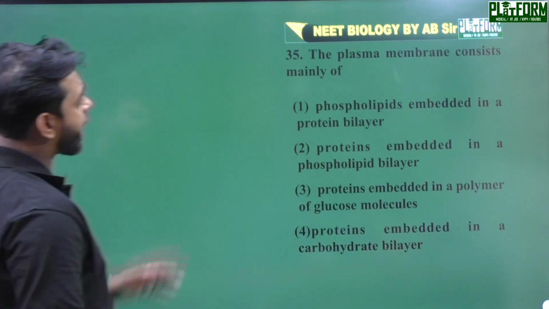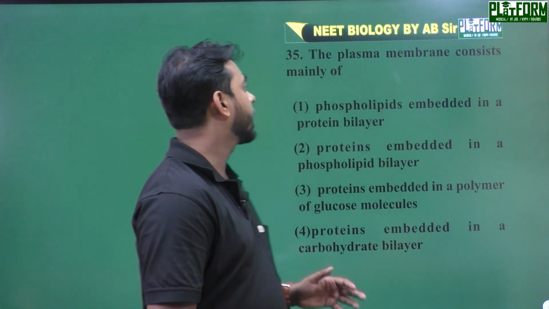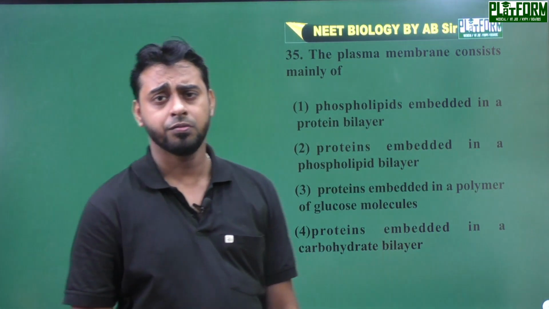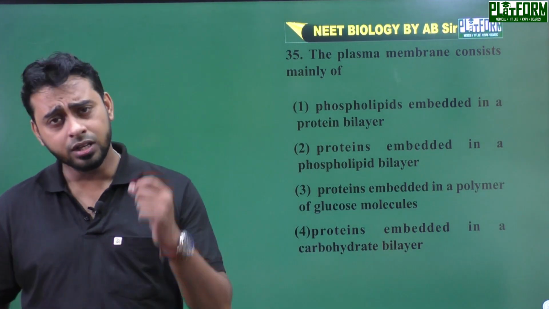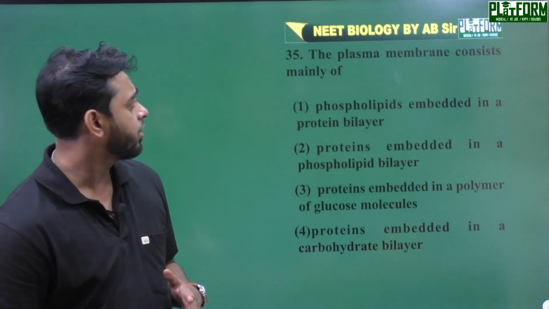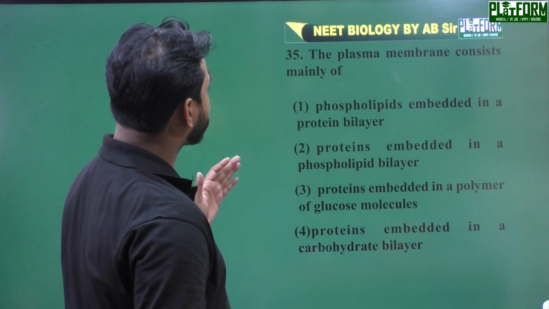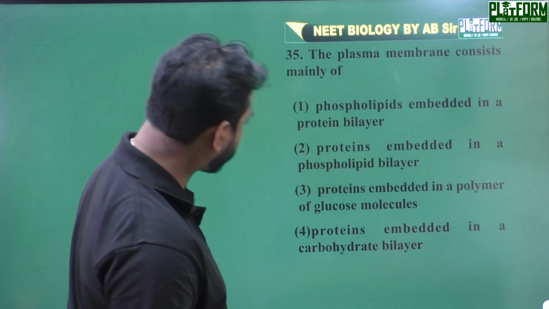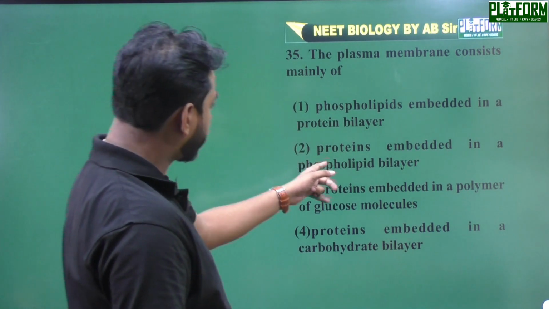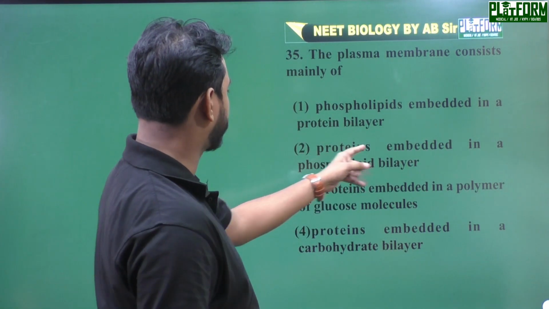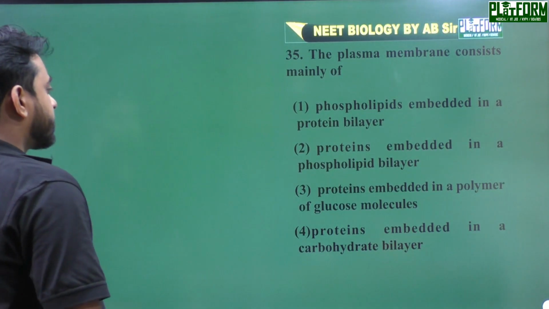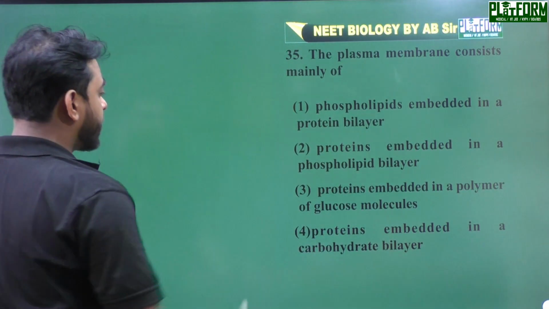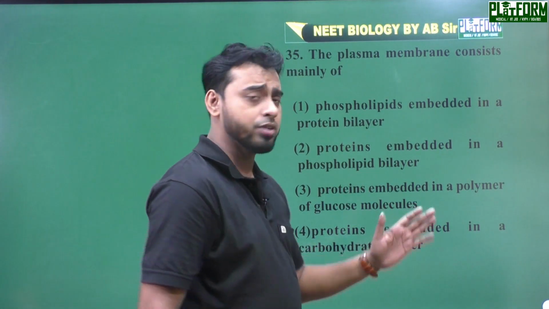Okay. Now, moving to the last question of section A: the plasma membrane consists of mainly, fine, this is a question from the chapter the cell, the unit of life. The plasma membrane mainly consists of phospholipids embedded in a protein bilayer, proteins embedded in a phospholipid bilayer, proteins embedded in a polymer of glucose molecules, and proteins embedded in a carbohydrate bilayer.